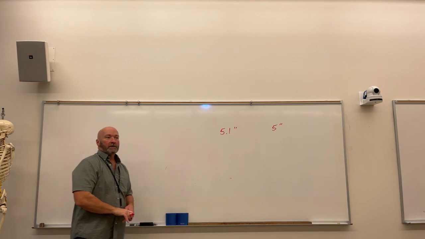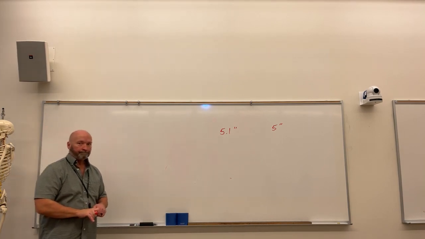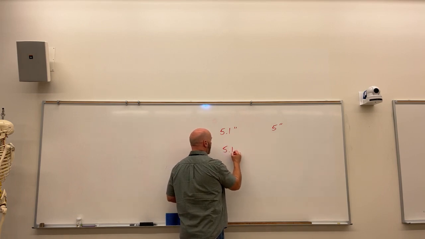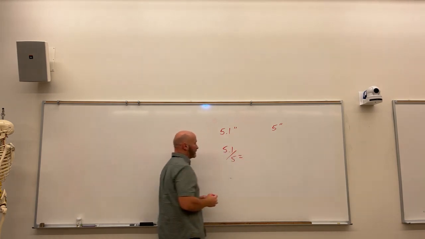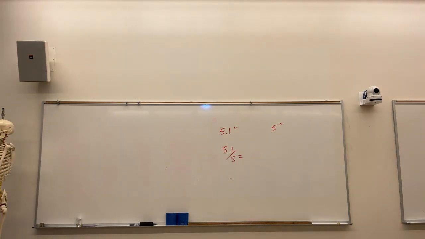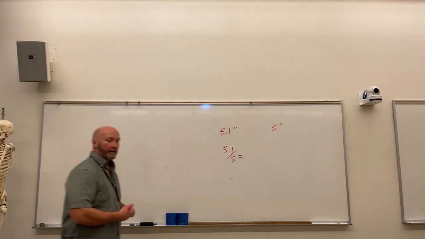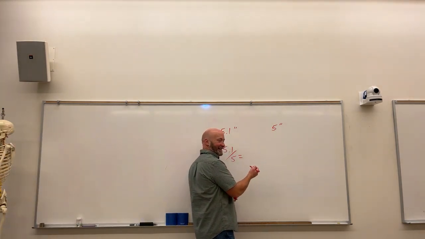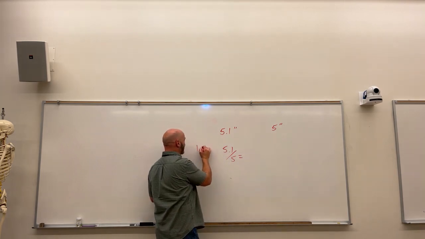Okay. So how do you calculate that? Image size over object size. So 5.1 over 5 is going to be, oh, my calculator's up there. Yeah, thank you. It says 1.02.